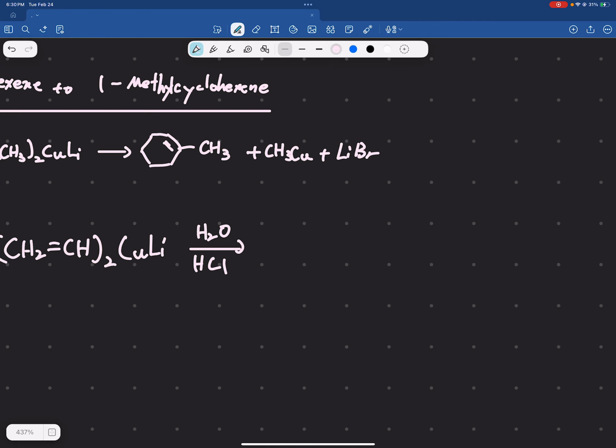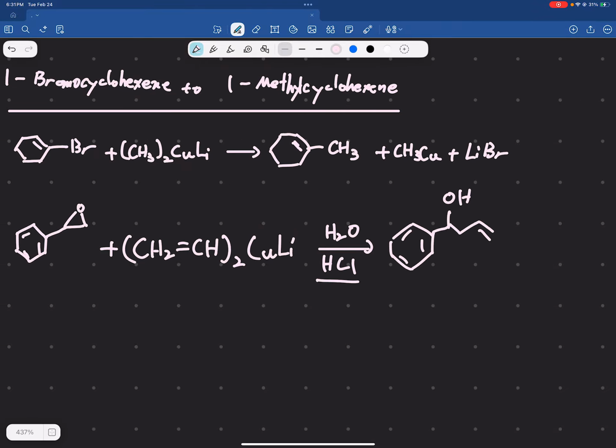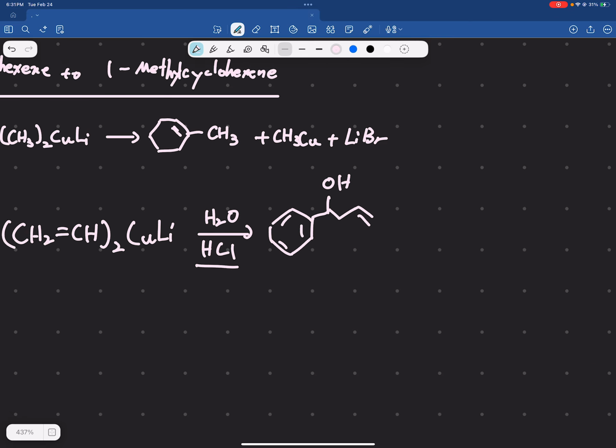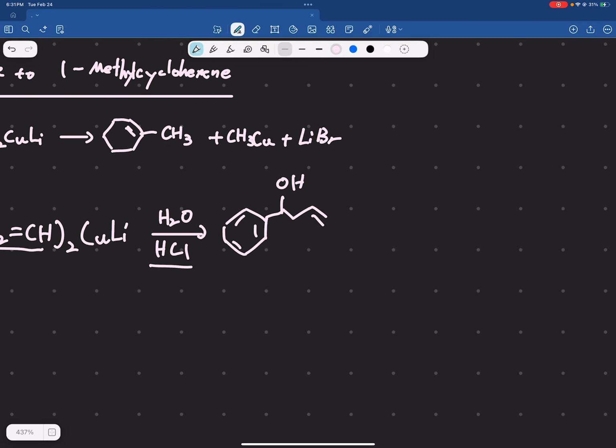As before, in order to quench the solution, you would have to use a proton source. It's going to form something like this, where this is going to be added onto the end there.